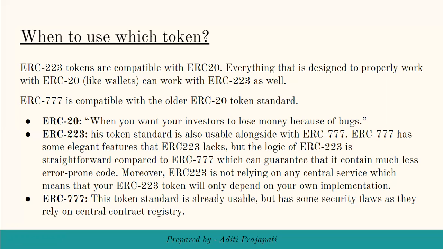Unlike 777, which relies on the 1820 central registry for contracts, 223 is not relying on any central services. So this ERC223 token will only depend on your implementation. Whereas 777 is currently in use and it has some security flaws as it relies on a contract registry. So these are certain points which you can refer to when you want to implement a standard to create your token. And these tokens can be created.